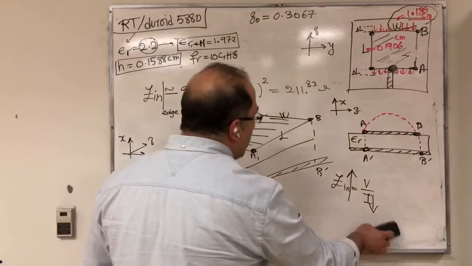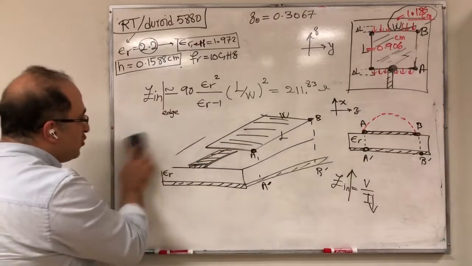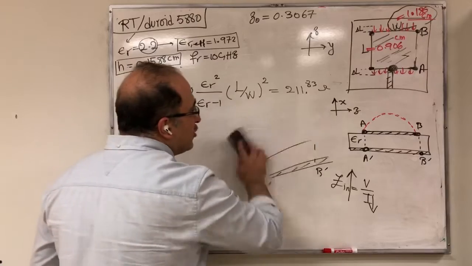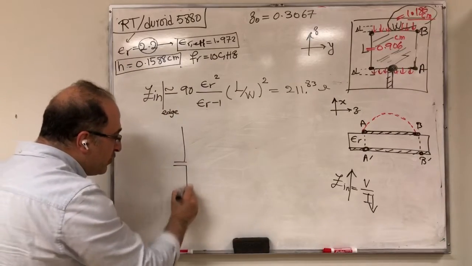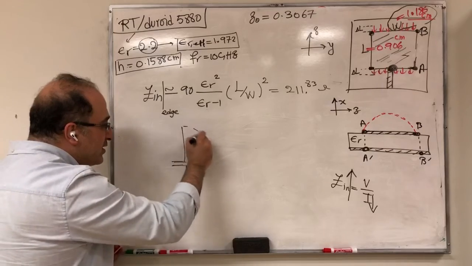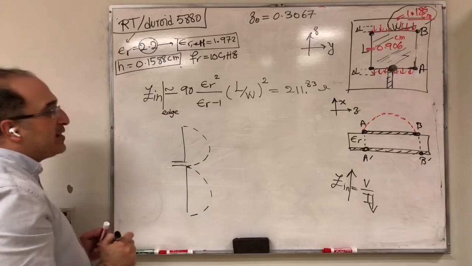And by the way, remember this is also very similar to the full wavelength dipole antenna, because in that antenna too, you get a current distribution which goes to zero at the excitation port.